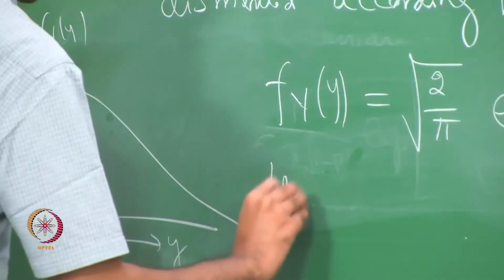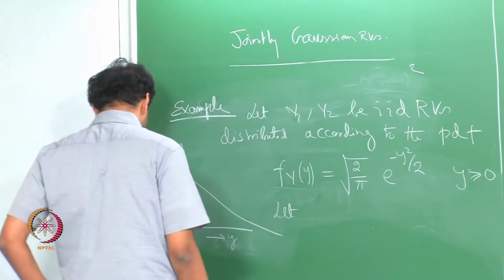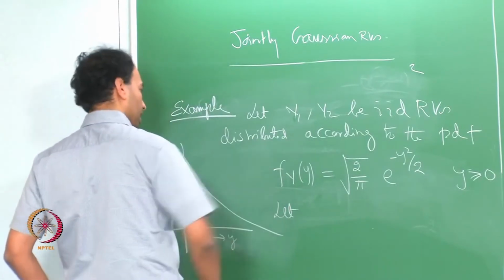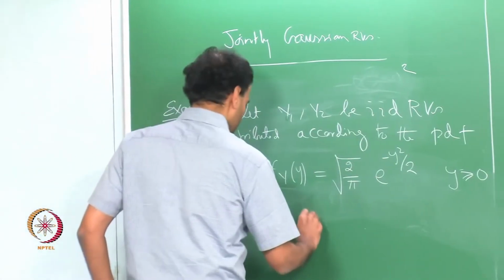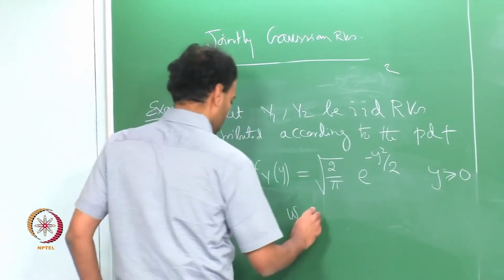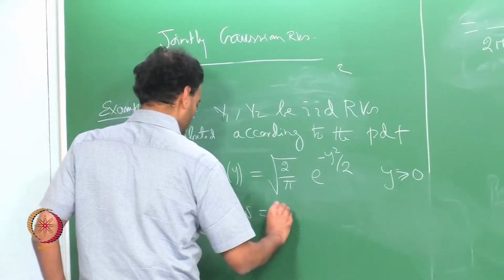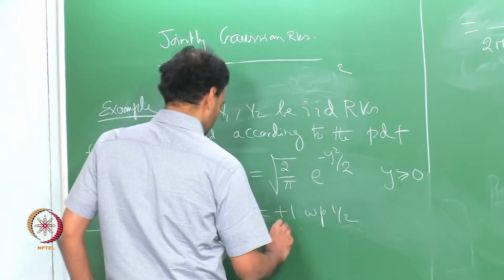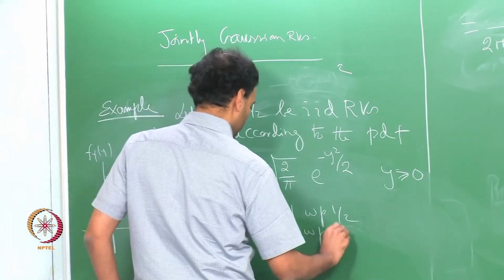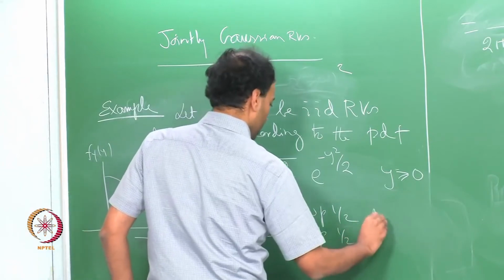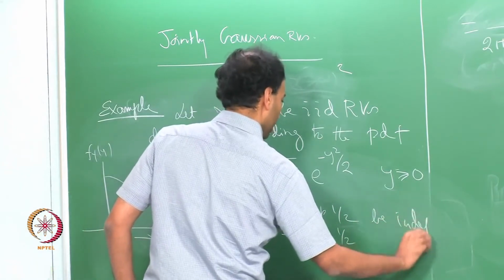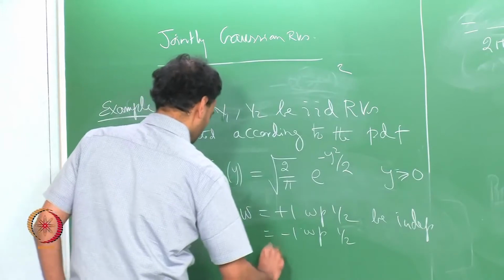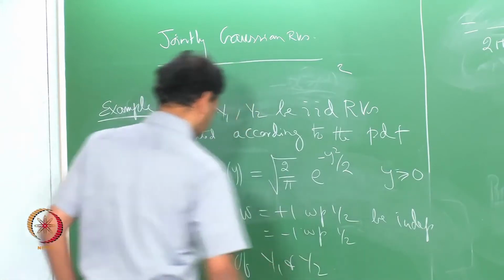So these two are IID. Let W, equal to plus 1 with probability half, minus 1 with probability half, be independent of y1 and y2.